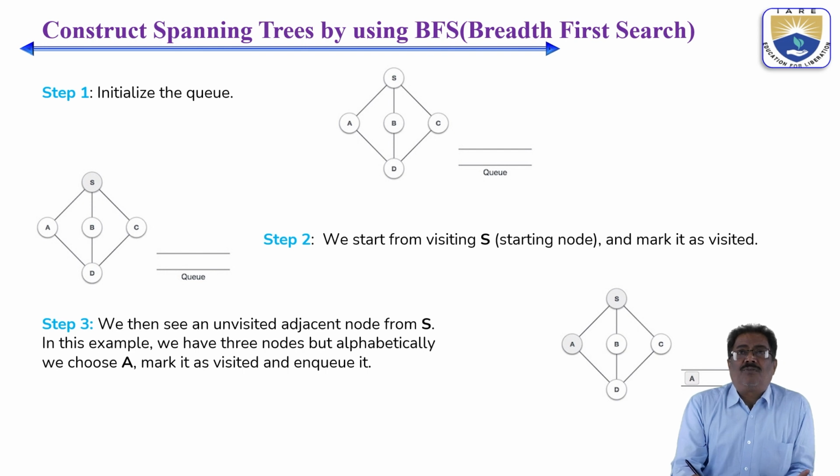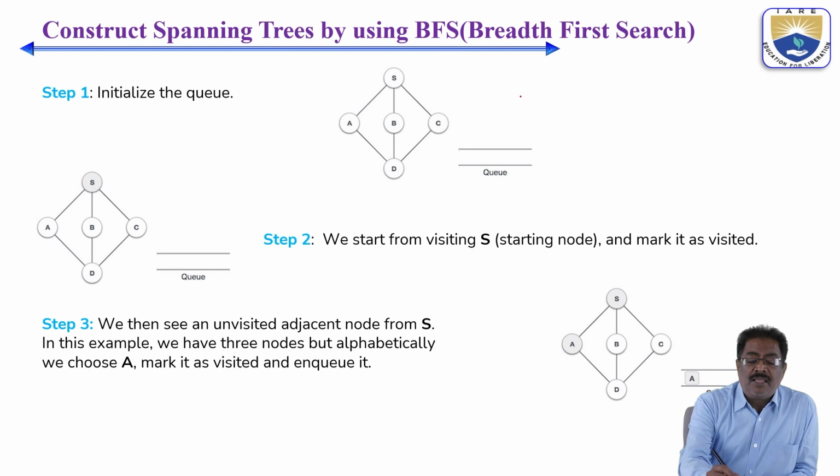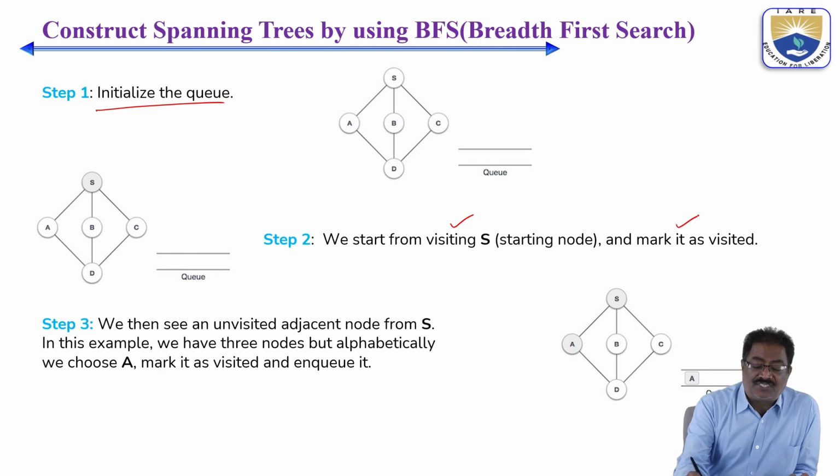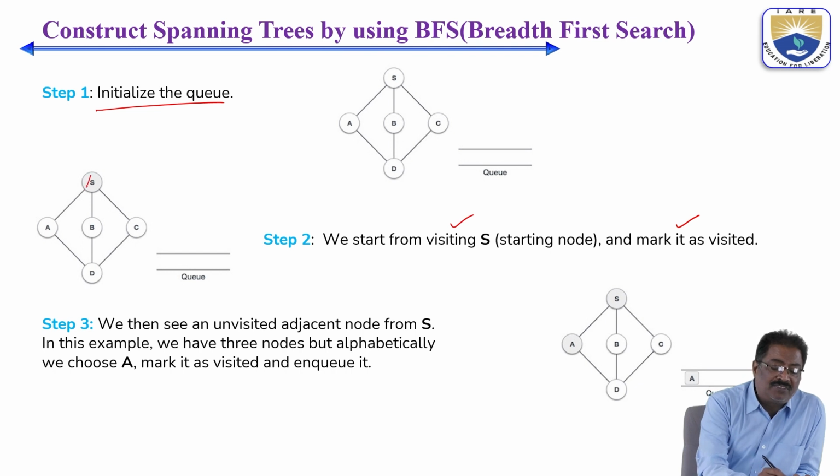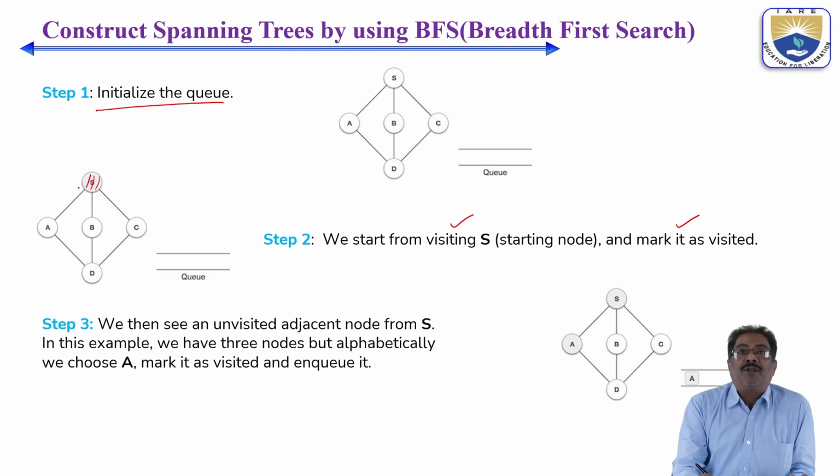So let us explain with an example. First, let us initialize the queue. The queue does not have any entry. Now we start from the visiting node S, and we mark it as visited. It has 3 adjacent vertices.